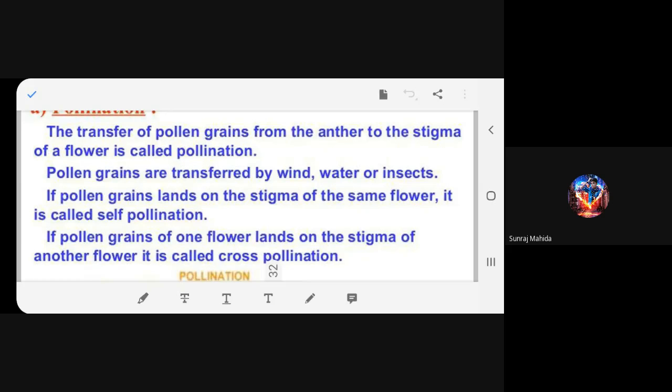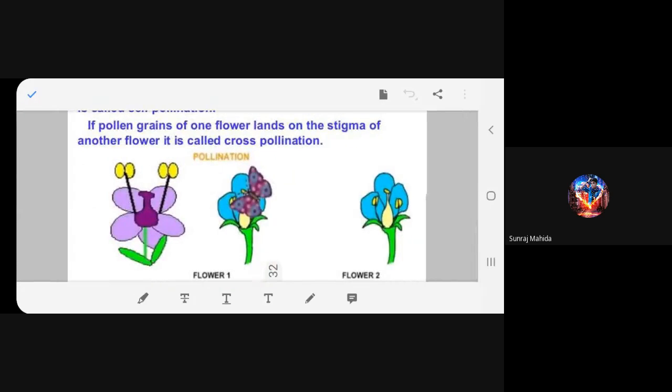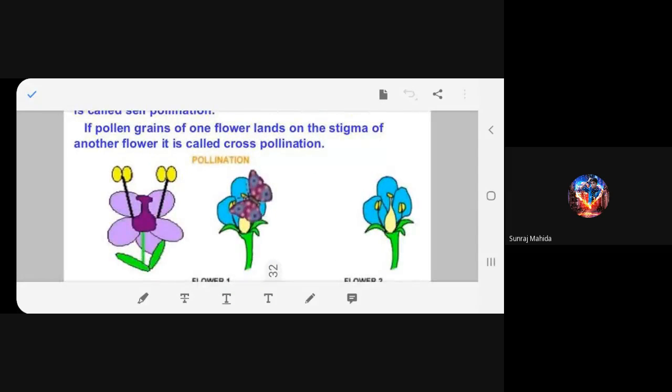Now, we will see the types of pollination. If pollen grains land on the stigma of the same flower, for example, this is one flower, so pollen grains from here land on the stigma. This becomes self-pollination.